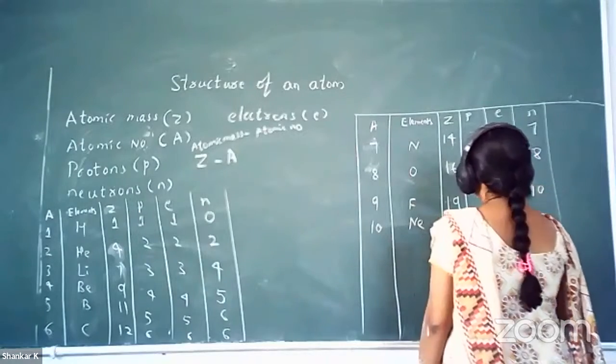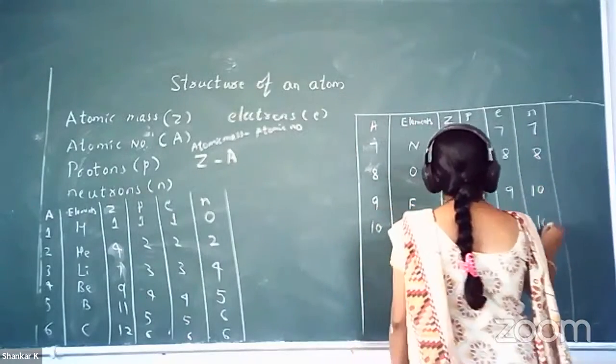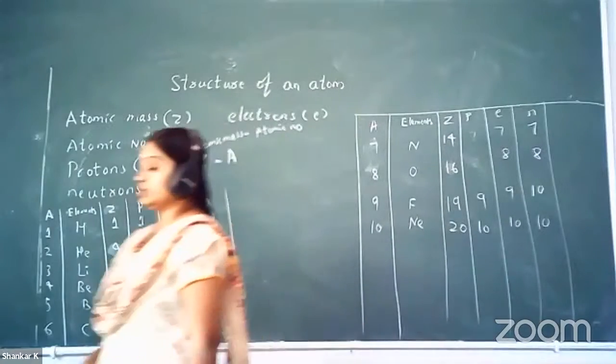Then 20 minus 10 is 10. So these are the neutrons, students.